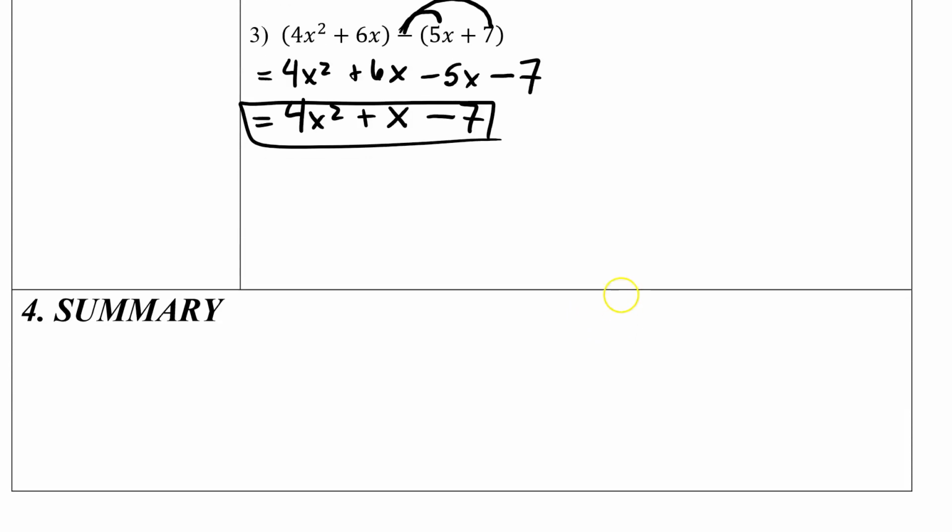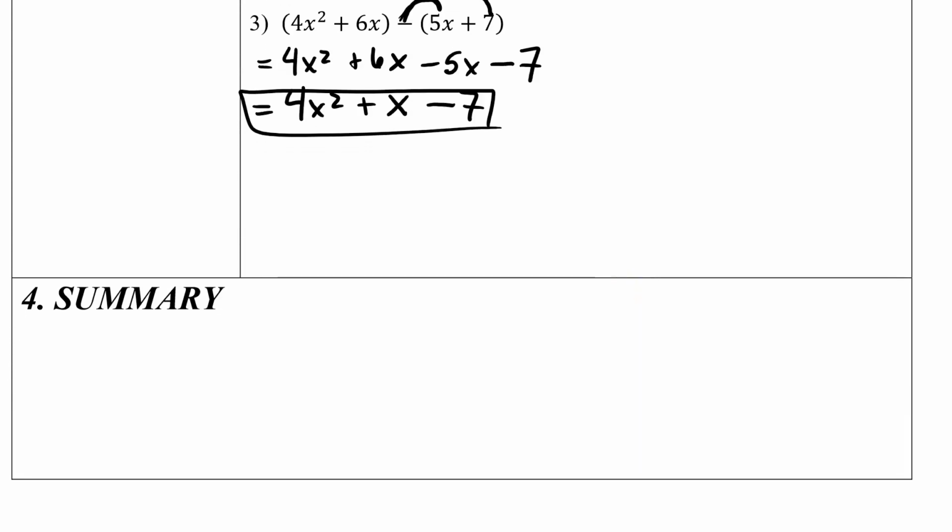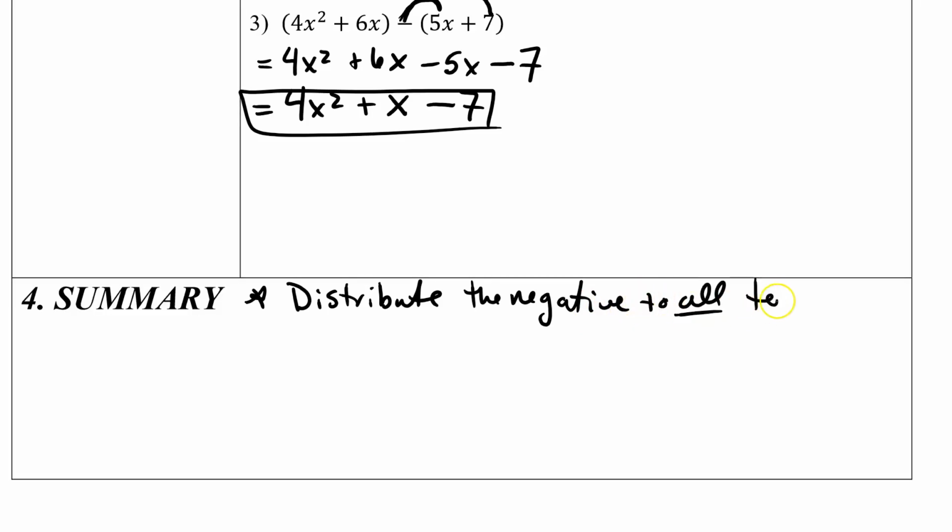So the biggest summary, or the biggest important idea from this is always going to be distribute the negative to all terms in the bracket that follows it.